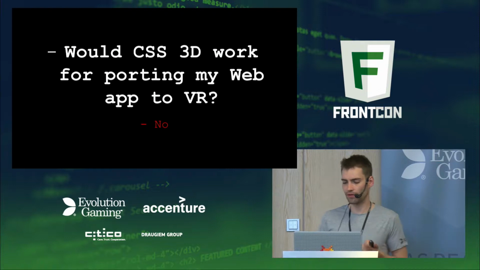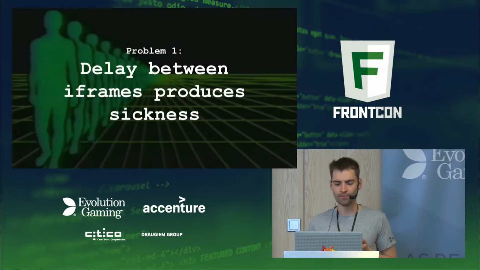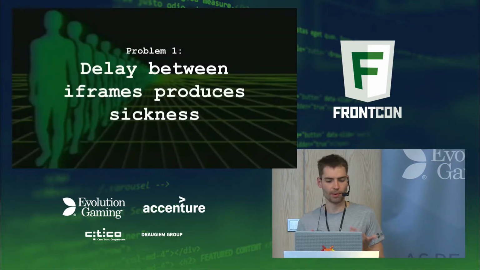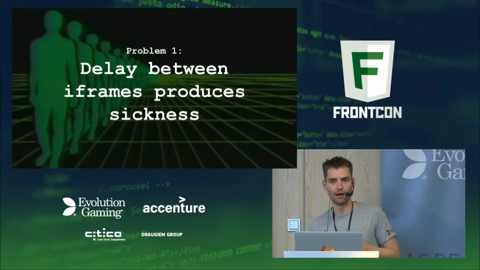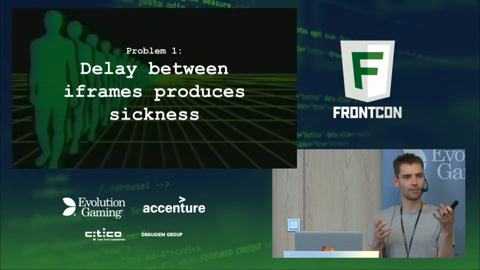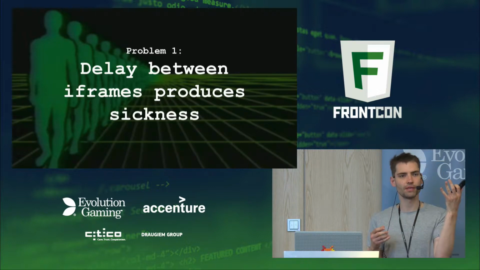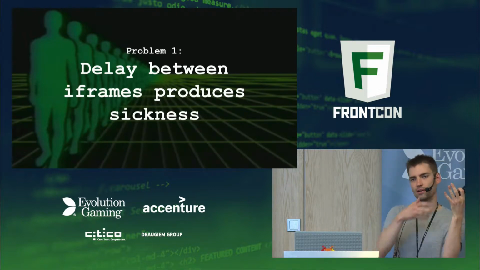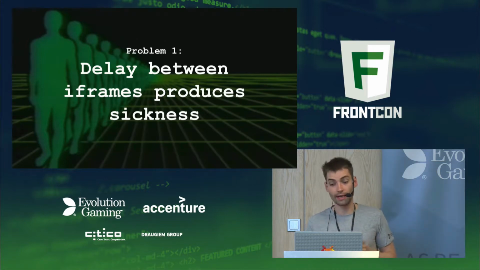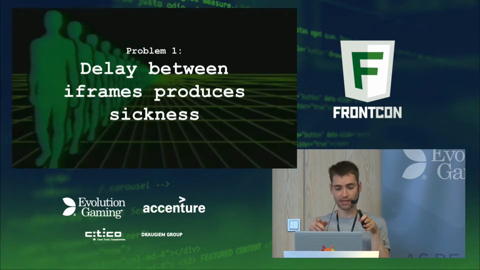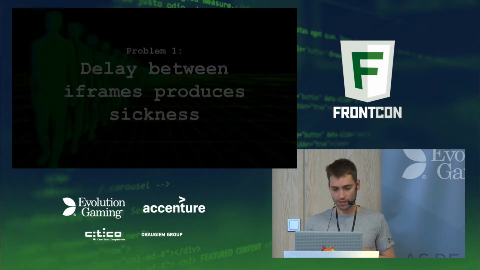CSS 3D would not fit, even if it looks like a very good, cheap and natural approach. First of all, there is a delay between iframes if we try to do that. Say one iframe is the master, and when you change something in the app there, you need to send it to the other one. It can potentially be solved by having a master iframe and sending signals immediately to both.